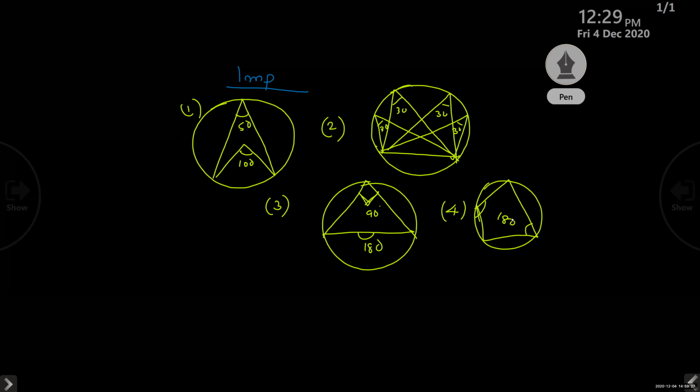Just note down as a rough sketch. See, again the camera became off.